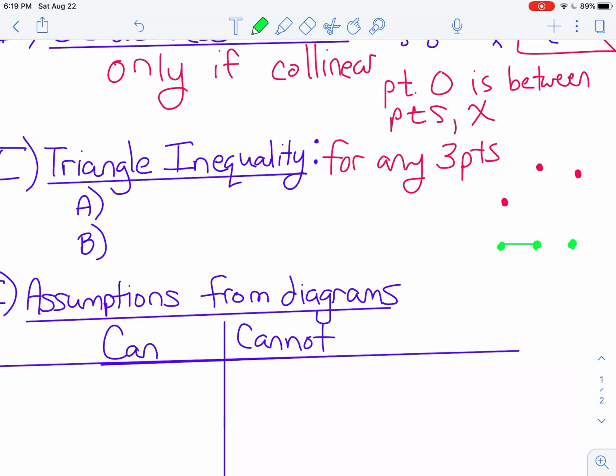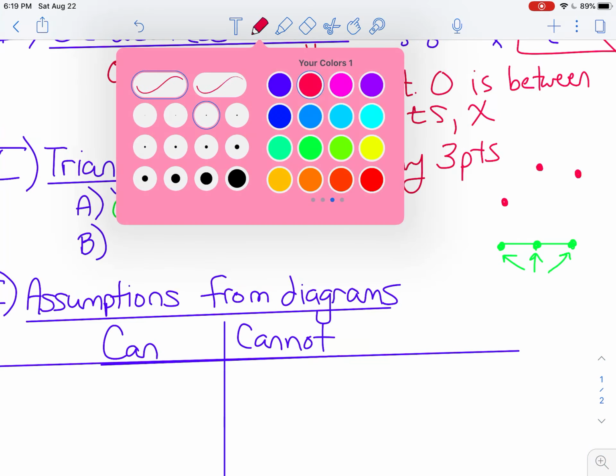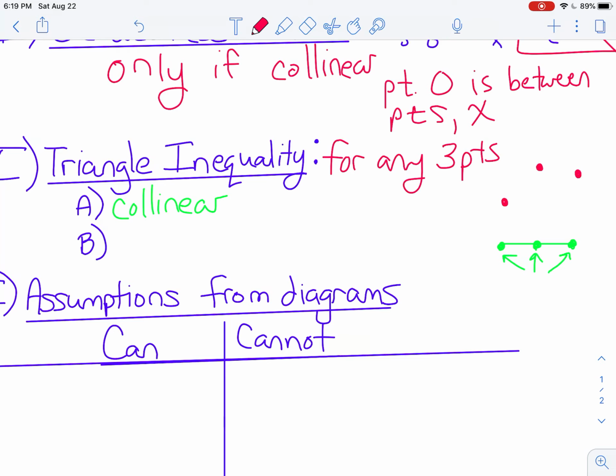So you are either going to draw 3 points that are collinear, okay? And that means that 1 point is between the other 2 points. That's what that means, okay? Or you drew 3 points that are non-collinear. And if they are non-collinear, they will always form a triangle.